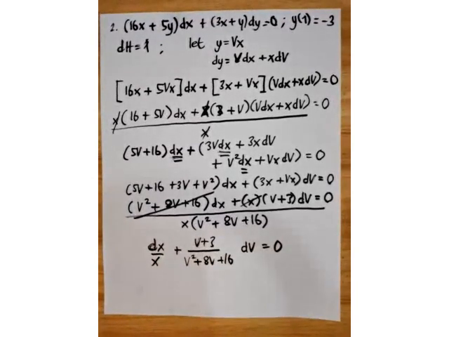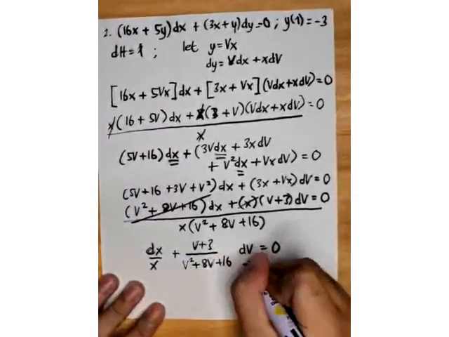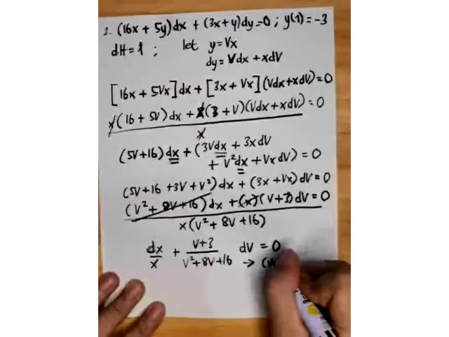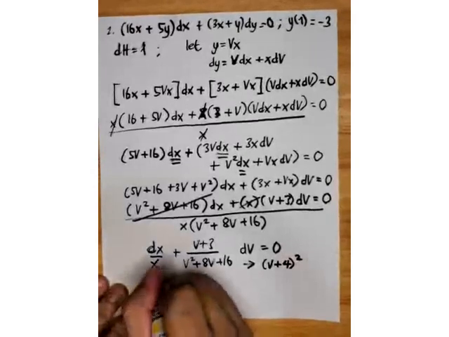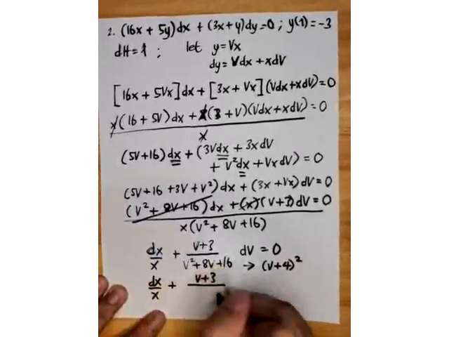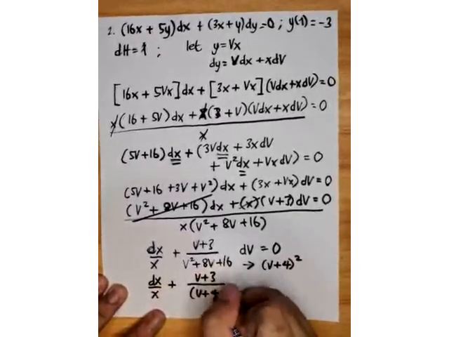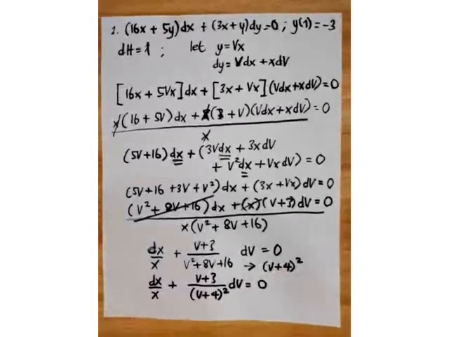So it's similar to the earlier example, yung denominator natin, this can be transformed into v plus 4 squared. So let's do that. So dx over x plus v plus 3 over v plus 4 squared dv is equal to 0. Ayan.